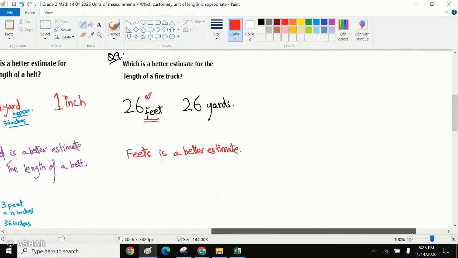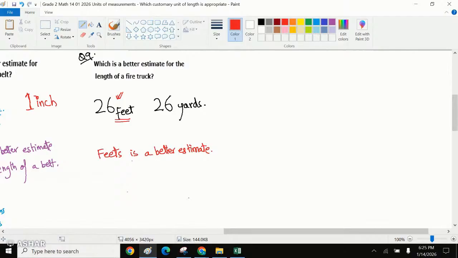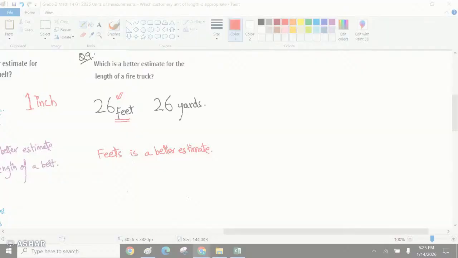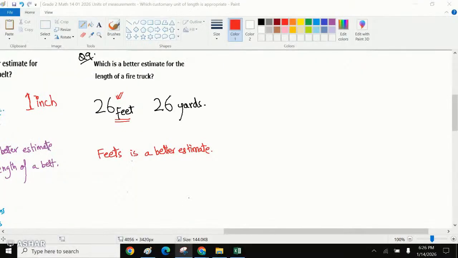Thank you. The next question we have is, in this topic, we are not trying to find anything. We are just trying to analyze which unit should be used to find which length. If I would say my height is 6 kilometer, you will understand that my height cannot be 6 kilometer. It could be 6 feet. It could be 5 feet, right?